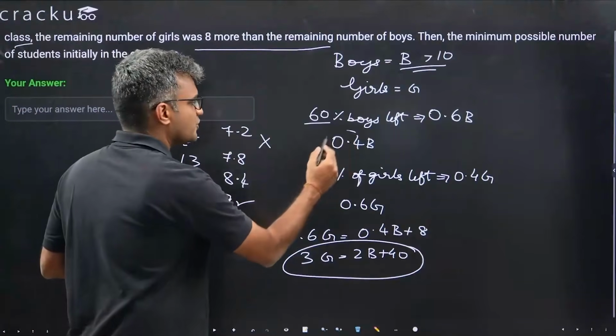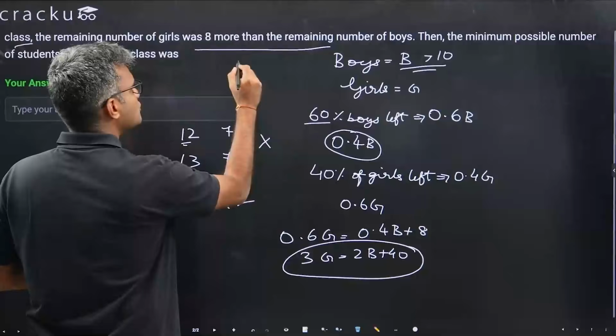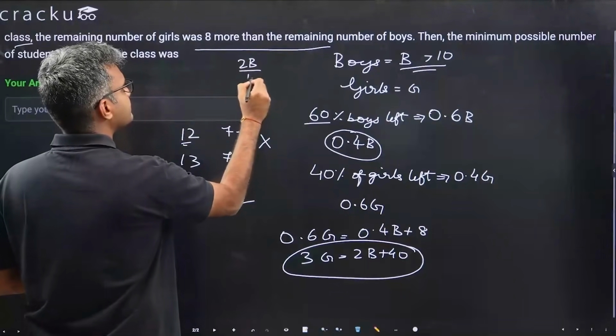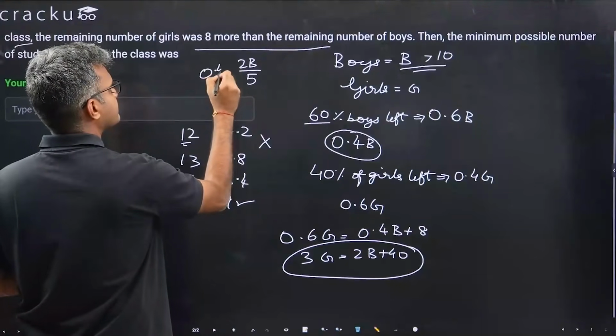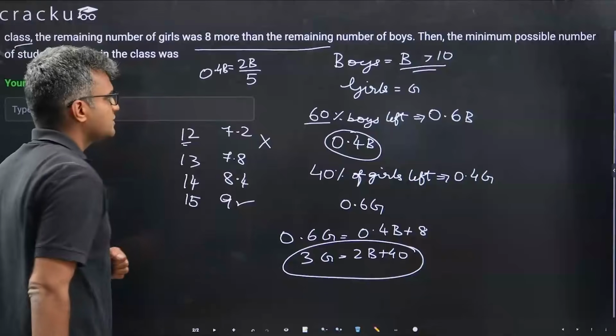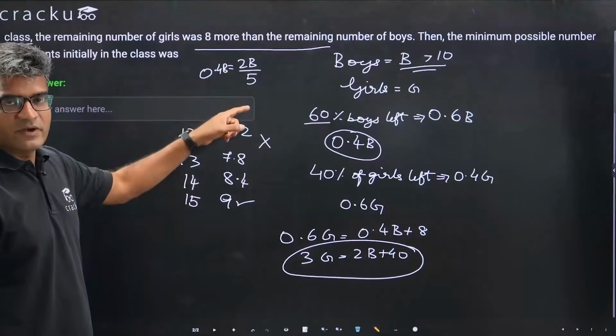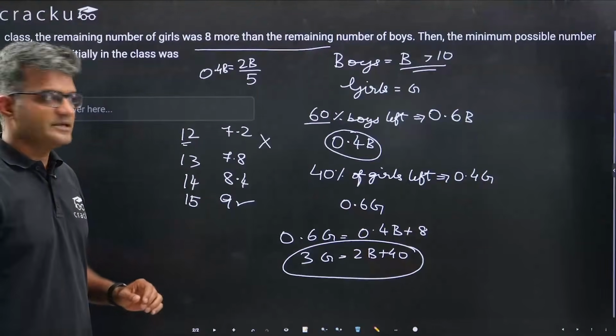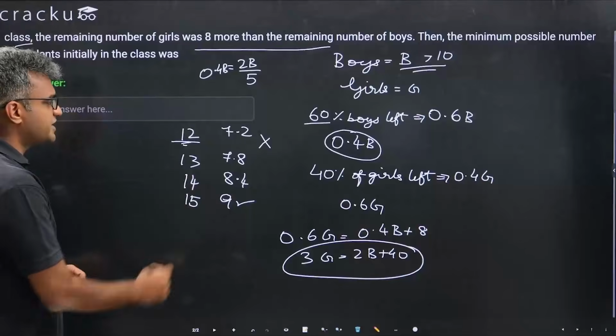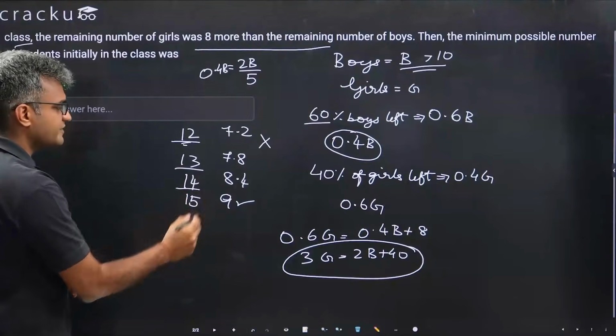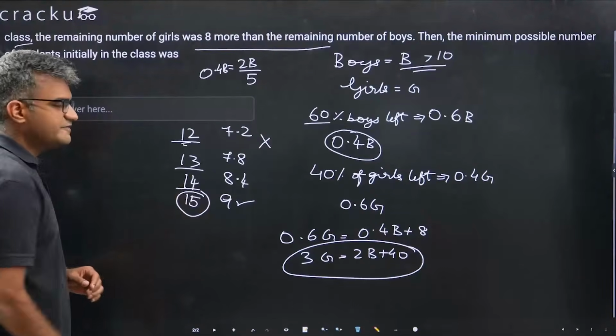Because 0.4B is equal to 2B by 5, B divided by 5 has to be an integer. In this case, 12 by 5 is not an integer, 13 by 5 is not an integer, 14 by 5 is not an integer, but 15 by 5 is an integer.